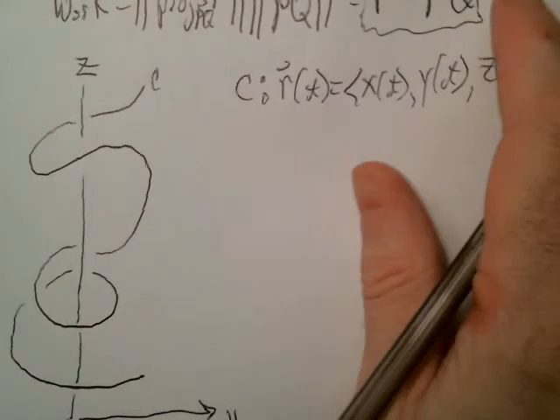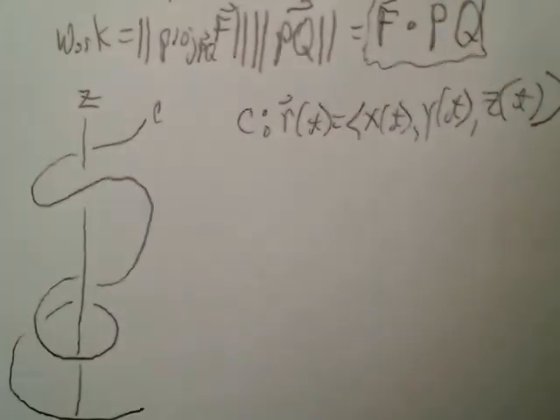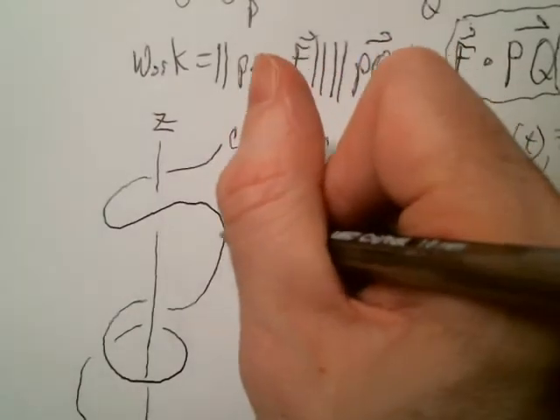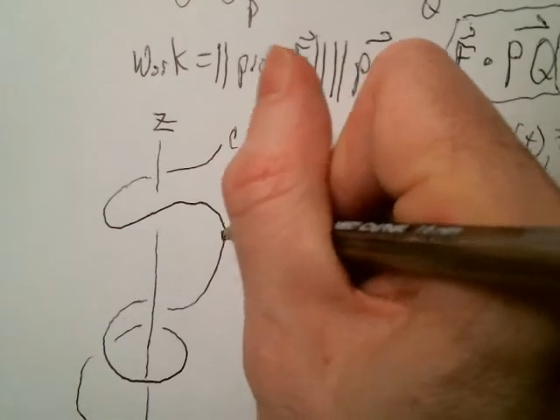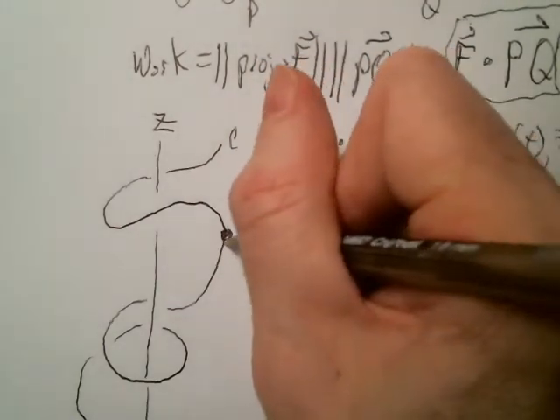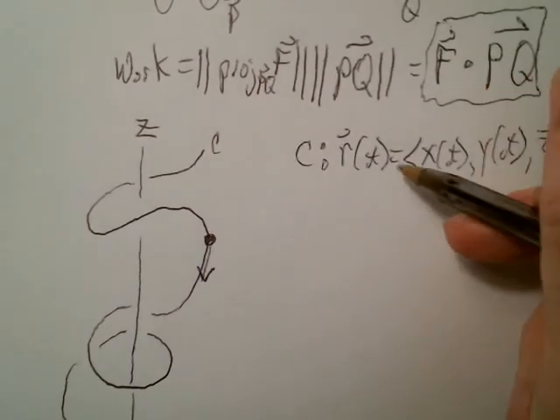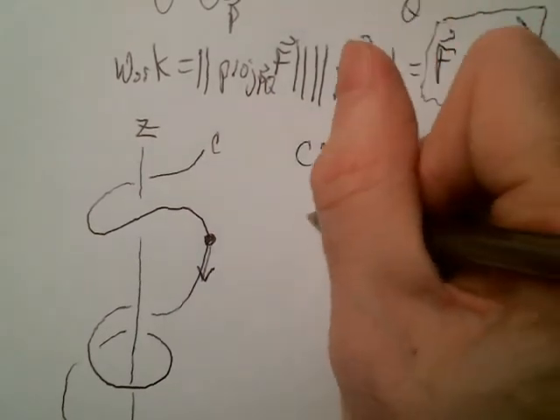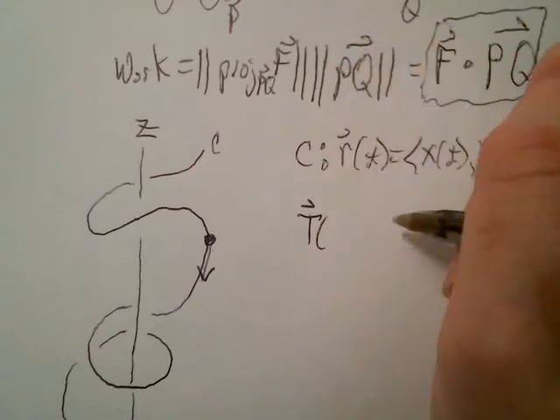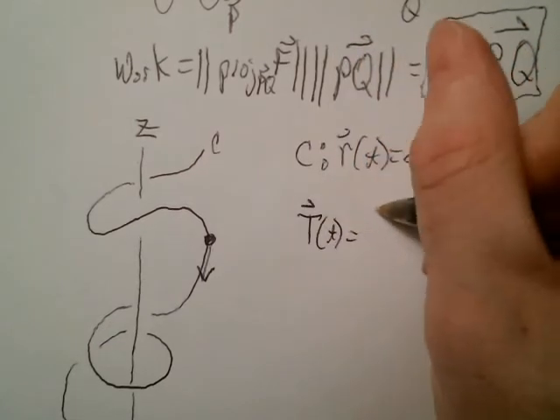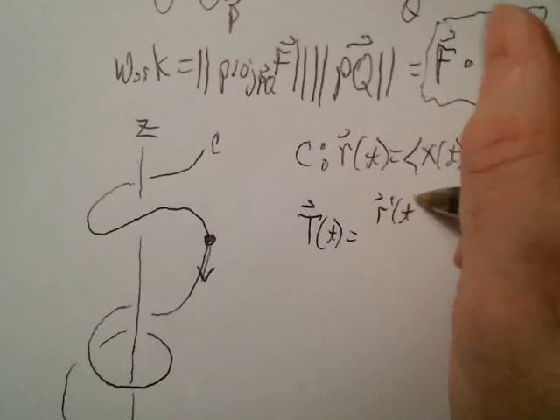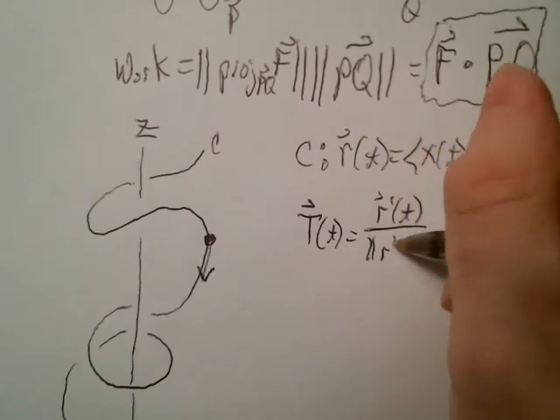We could associate to any point on this curve a unit tangent vector and this force vector. Okay? And that's kind of what these guys are up here in the formula. Okay? So let's take this particular point here. There'll be a unit tangent vector in the direction of motion. Okay? And the unit tangent vector we can get from this equation here. If you remember, the unit tangent vector T of little t is equal to r prime of t divided by the magnitude of r prime of t.